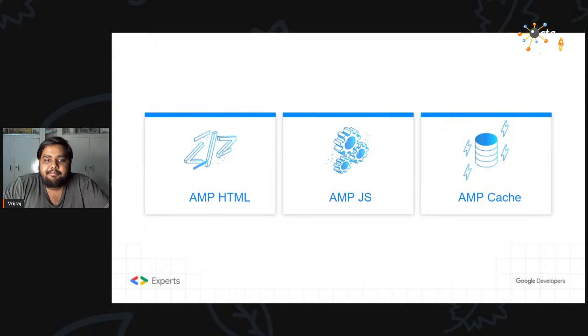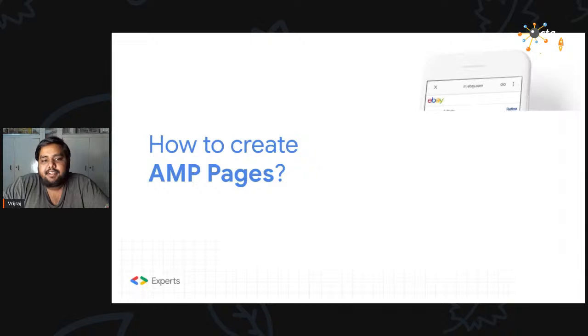If I talk about AMP, we have the amp-img tag, which is a modified version of the HTML tag. The second component is amp.js, which is a JavaScript library that implements all the best performance practices and manages the resource loading over the pages. And the third one is AMP caches, which basically cache the AMP pages so that your AMP page becomes faster.